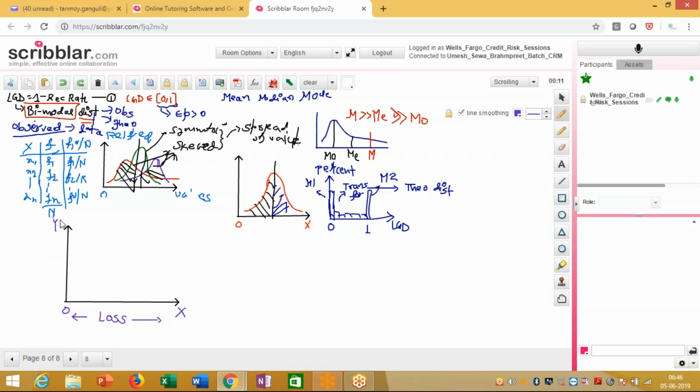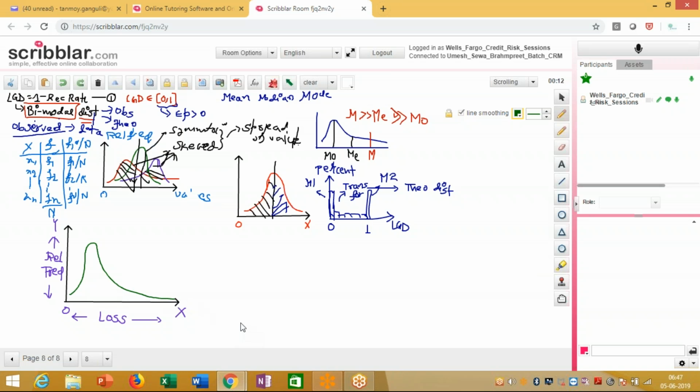You have your loss series, and over here you have your relative frequencies, and the distribution looks something like this.